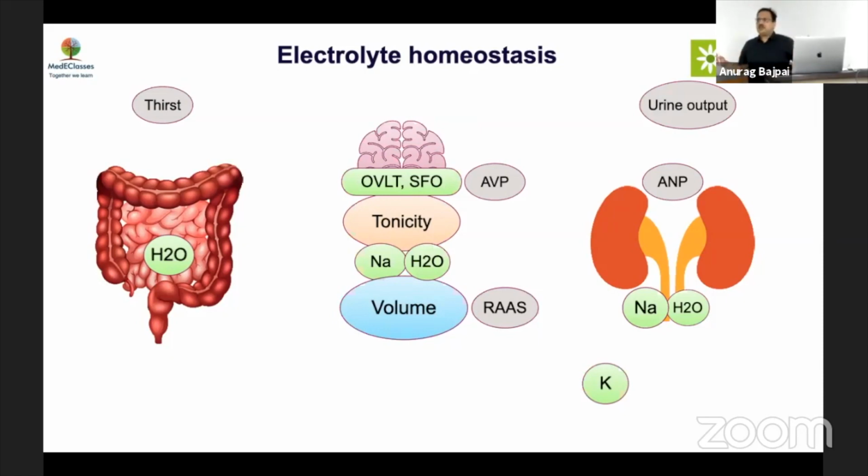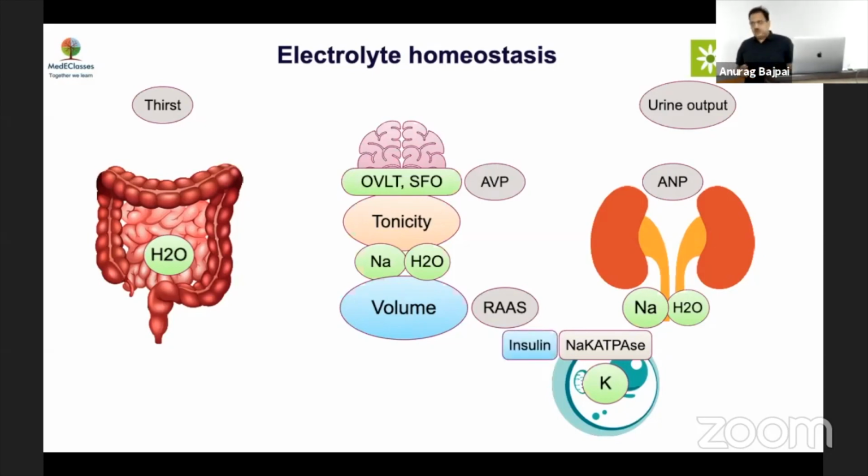Your serum potassium is not a good marker of the overall potassium status. This potassium goes into the cell because of the sodium potassium ATPase. And what controls the sodium potassium ATPase? Insulin. So if you have high insulin, you will have hypokalemia. And this is classical in the treatment of DKA and also the recovery phase of malnutrition.